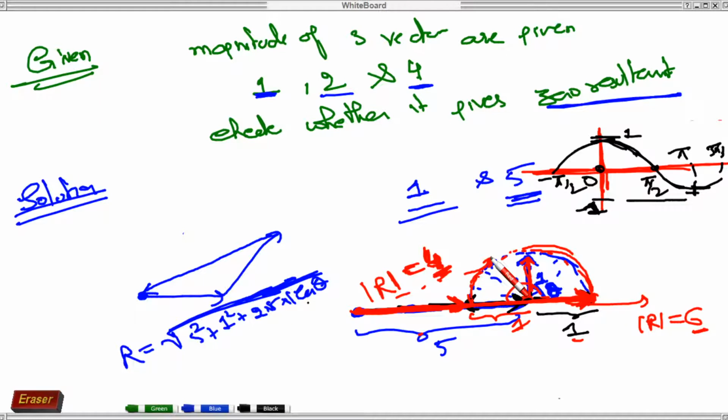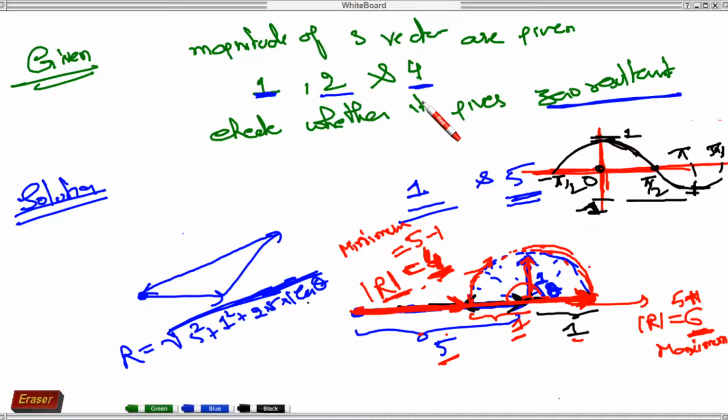The minimum is 5 minus 1, equal to 4, and the maximum is 5 plus 1, equal to 6. So this is the minimum magnitude and this is the maximum magnitude.